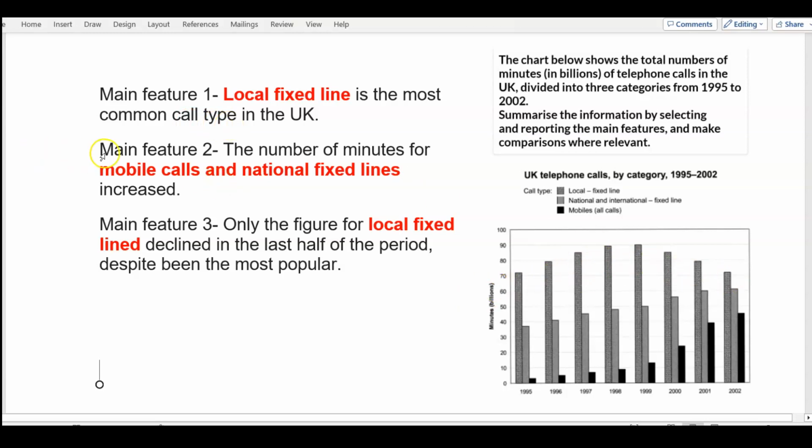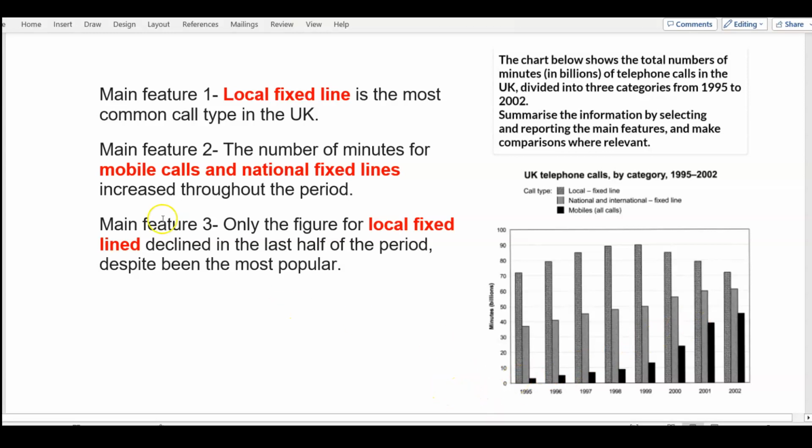The second thing we deduced was that the number of minutes for mobile calls and national fixed line calls increased throughout the period, and it's true here and here. Throughout the period they just kept getting a higher number of minutes.